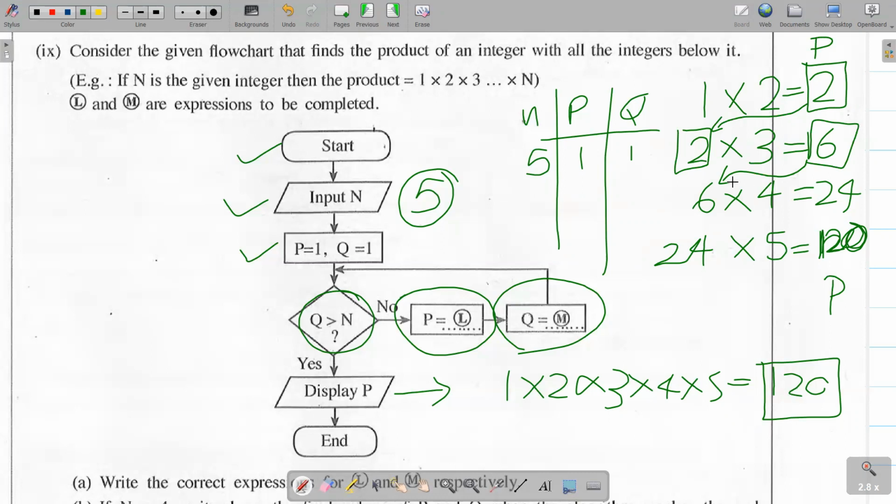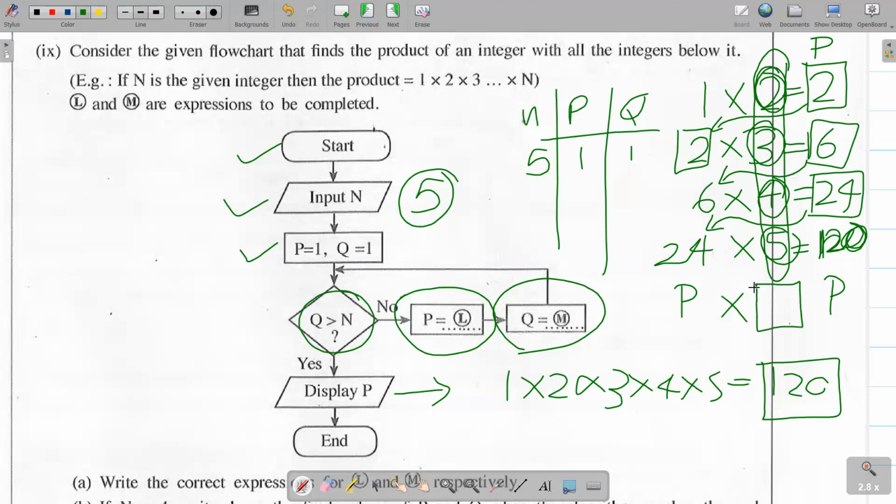So that means you got P over here as well, right? Since it is the previous P. And these ones, you think about these ones, at one time it's 2 and another time it's 3 and another time it's 4 and another time it's 5. So it increases 1 by 1. So that particular variable which increases 1 by 1 should come here.